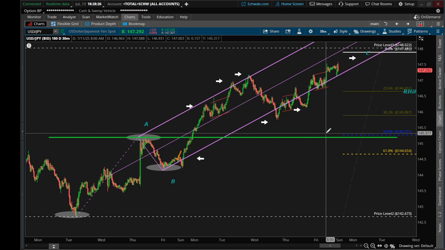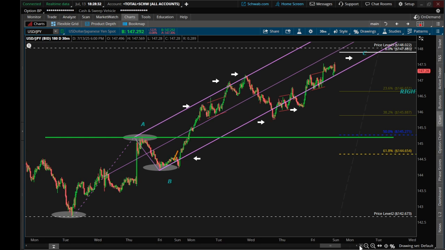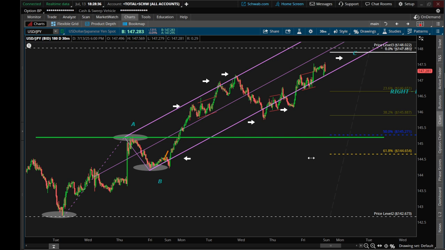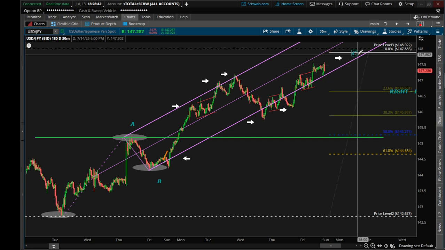Let's see what else I can add to that. I guess if you're pretty good at going both directions, then yeah, we could take a short position, and once we get to the 147.85, somewhere around there. Let me put that fib back up there.